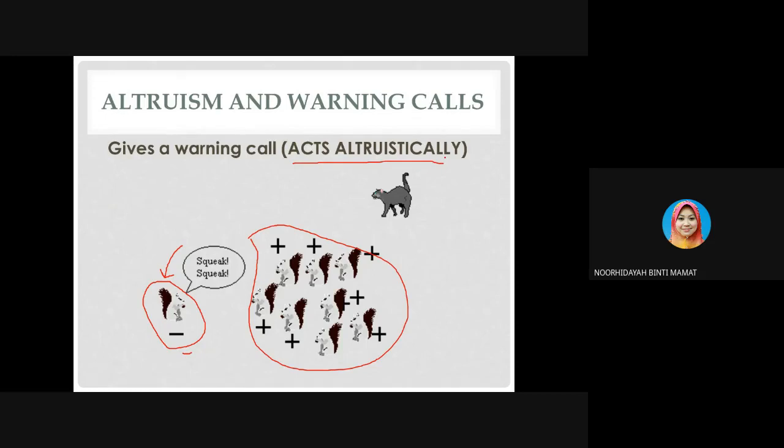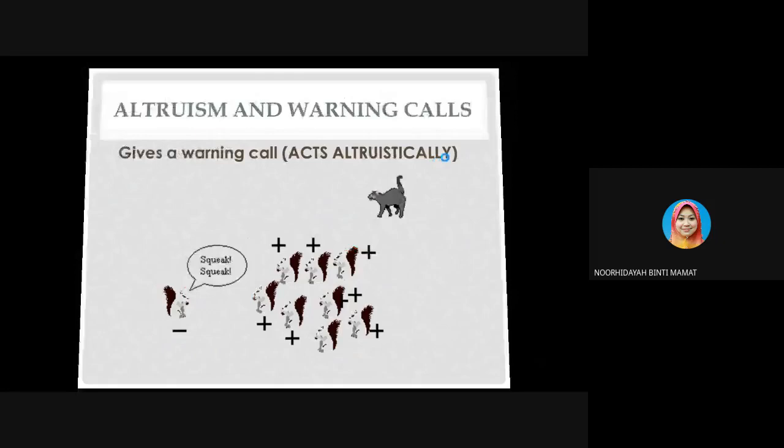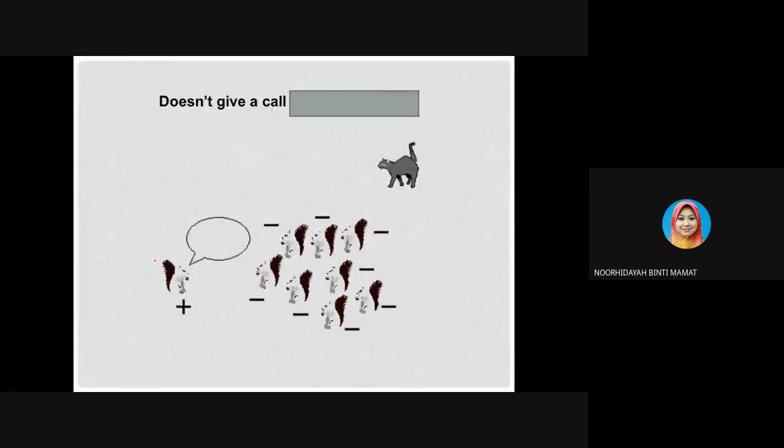Okay, so how about this? How about if the actor does not give a call? Of course it gains the benefit for itself, because it doesn't attract the predator to itself, and the rest of the members get harmed.